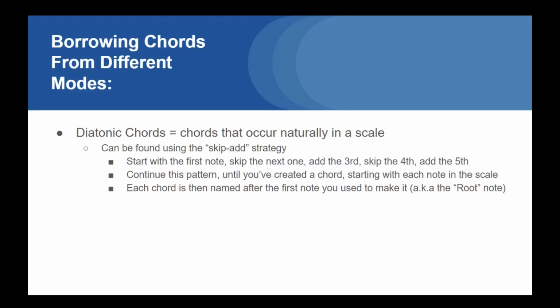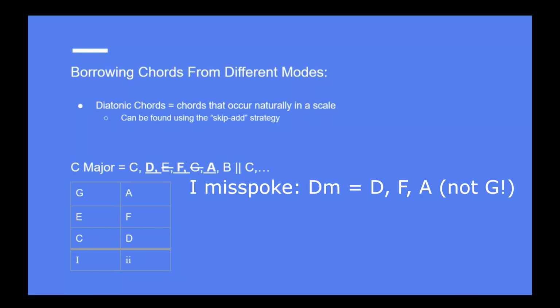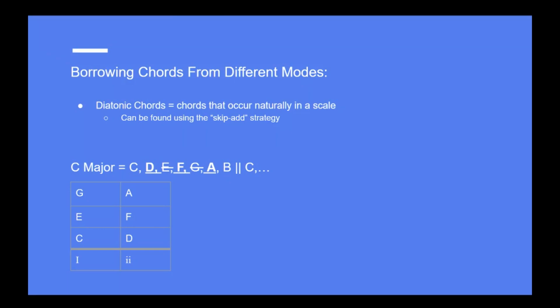So for example, a C major scale goes C, D, E, F, G, A, B, and C. Following this pattern, we find our first diatonic chord by starting with C, skipping the D, adding the E, skipping the F, and adding the G. This would create a C major chord, which contains C, E, and G. We then find our second chord by starting on a D, skipping the E, and adding F and A, to create D, F, and A, which is a D minor chord. Make sense?